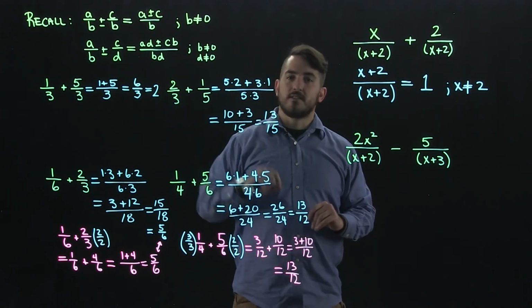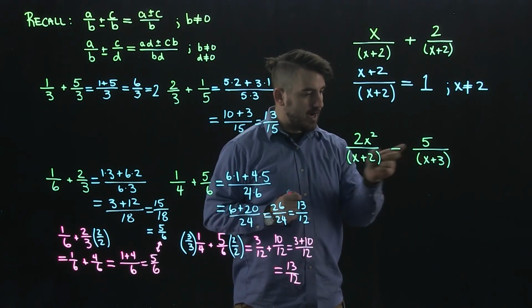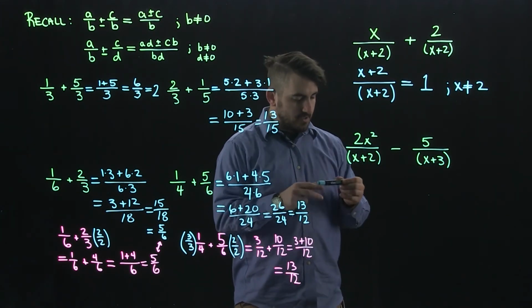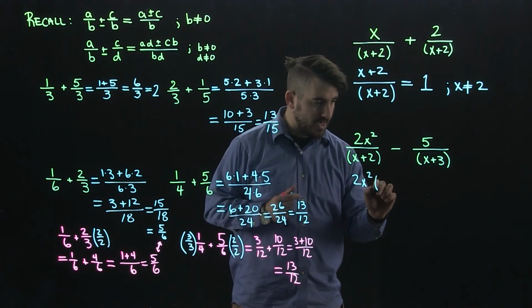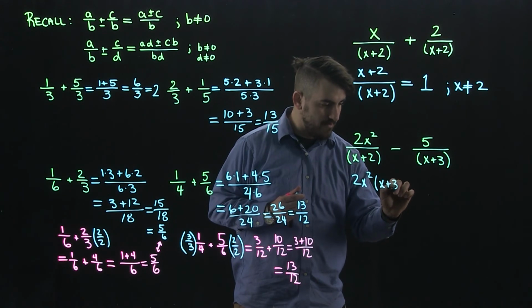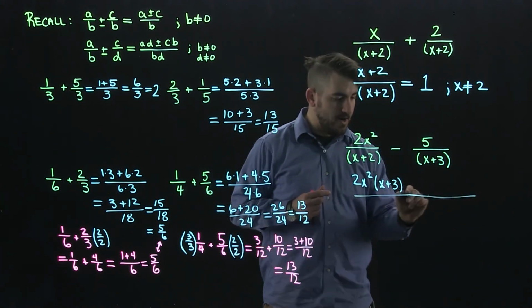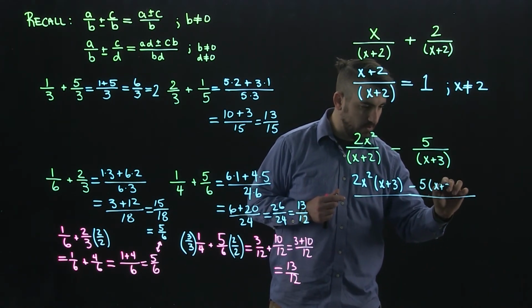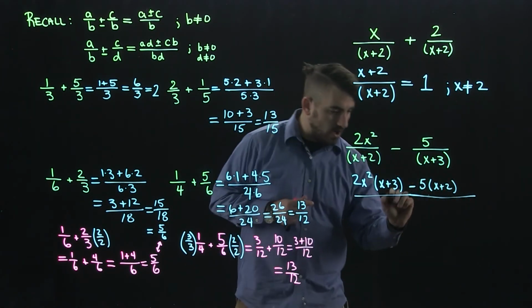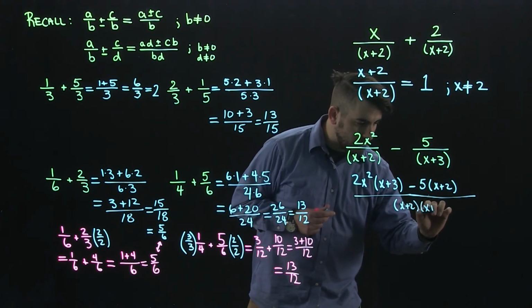Okay, the next one we have here is a method. We're going to have to use the second idea here, where we have no common denominator. So this is going to be written as 2x squared times x plus 3 minus 5 times x plus 2. And this is all going to be over x plus 2 times x plus 3.